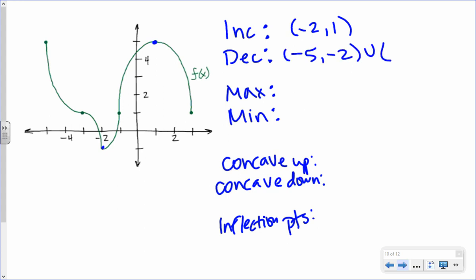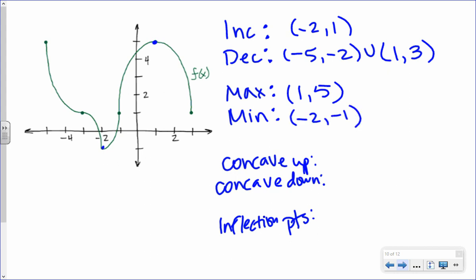Where else, Trevor? Okay, 1 to 3. Since that is the case, Caroline, where do we have a maximum? 1. Okay, here we have a maximum because we're changing from increasing to decreasing, and we have a minimum, Will? -2.